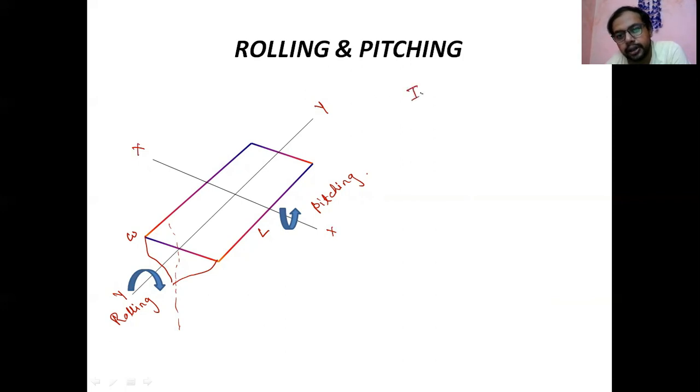So what is Iyy? Iyy here, because the Y axis is dividing, is L cubed by, and the pitching axis is Ixx.